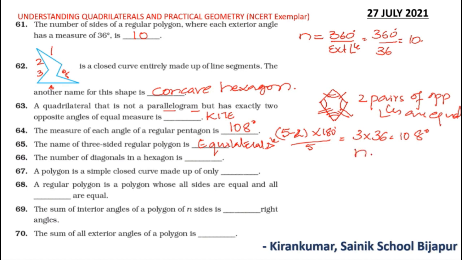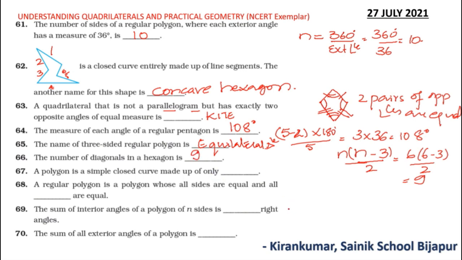We know the formula n into (n minus 3) divided by 2. For a hexagon there will be 6 sides, so 6 into 6 minus 3 divided by 2. This will become 9. So the number of diagonals will be 9.